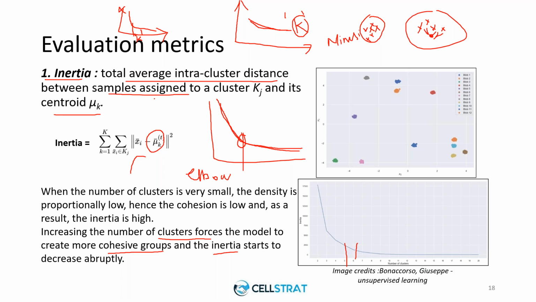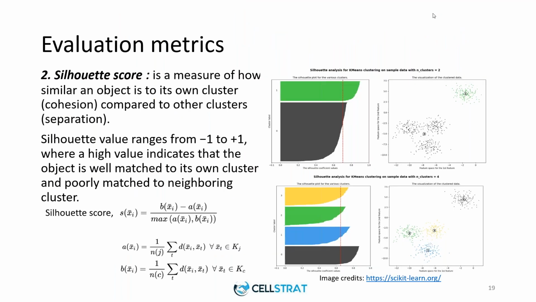So I'm moving ahead. This is a very important metric called the Silhouette score. A Silhouette score is a measure of how similar an object is to its own cluster compared to other clusters. With the help of the Silhouette score, we are asking whether this data point is better suited in this cluster or in that cluster.